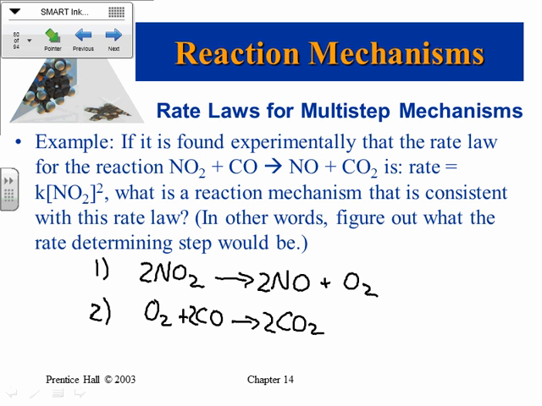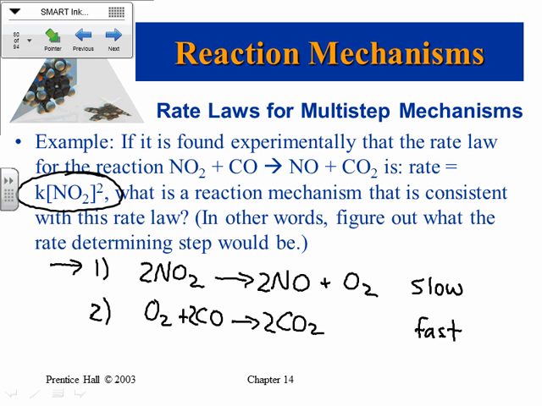Now, there's 2 steps here, okay? The rate law is based on the first step of my mechanism. So assuming that my mechanism is correct, this would have to be the slow step, okay? And this would be the fast step.